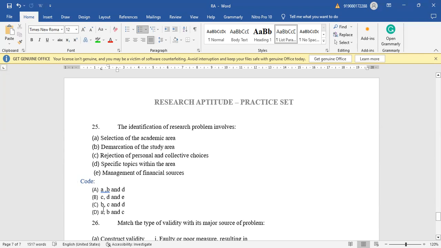So what is the option count? A 2 times, B 2 times, D 3 times. Oh, B also 3 times.